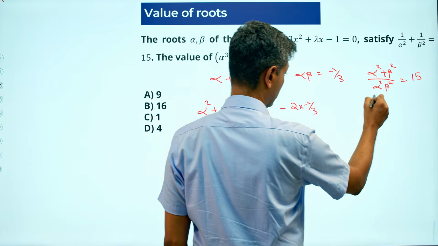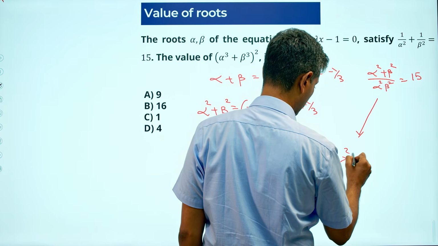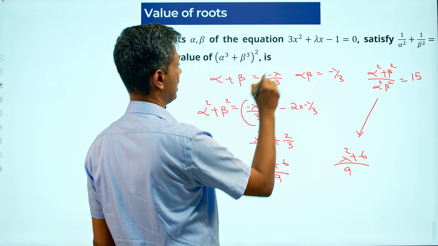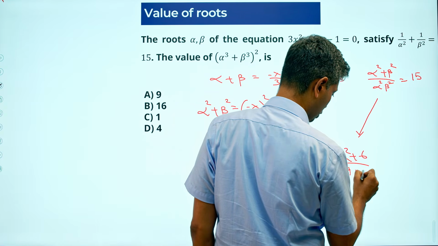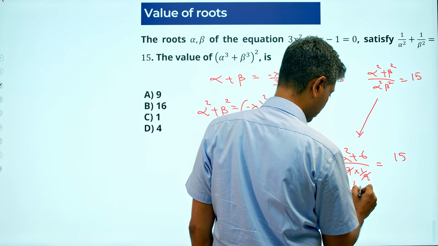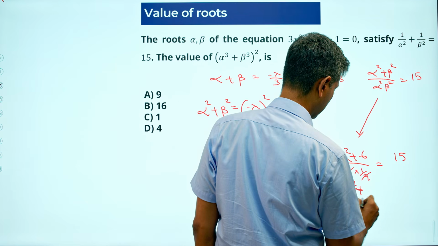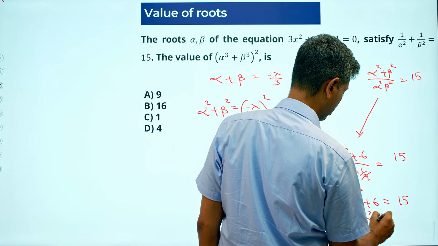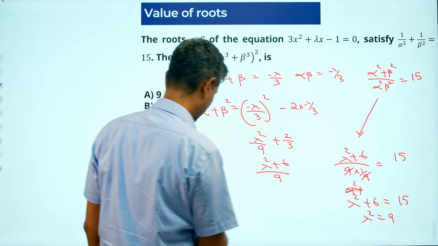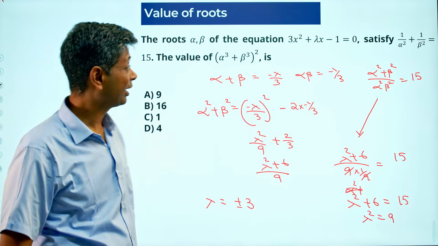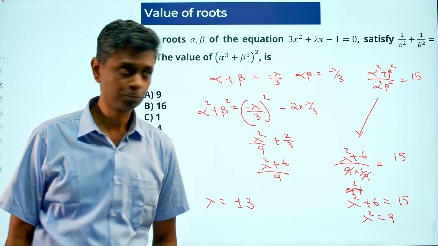So we're going to plug into this: lambda squared plus 6 by 9 times alpha squared beta squared. Alpha beta is minus 1 by 3, squared gives 1 by 9, equals 15. Lambda squared plus 6 is 15, lambda squared is 9. Lambda is plus or minus 3. The middle number there is plus or minus 3.